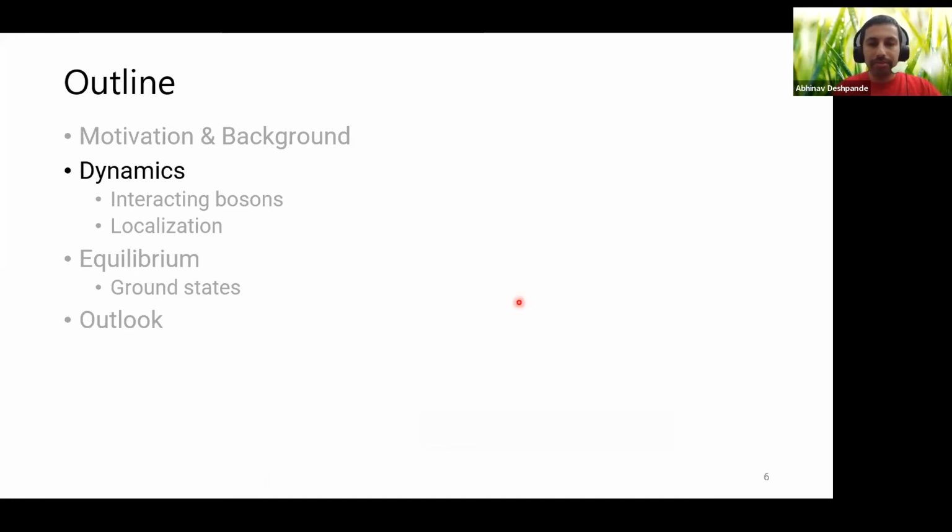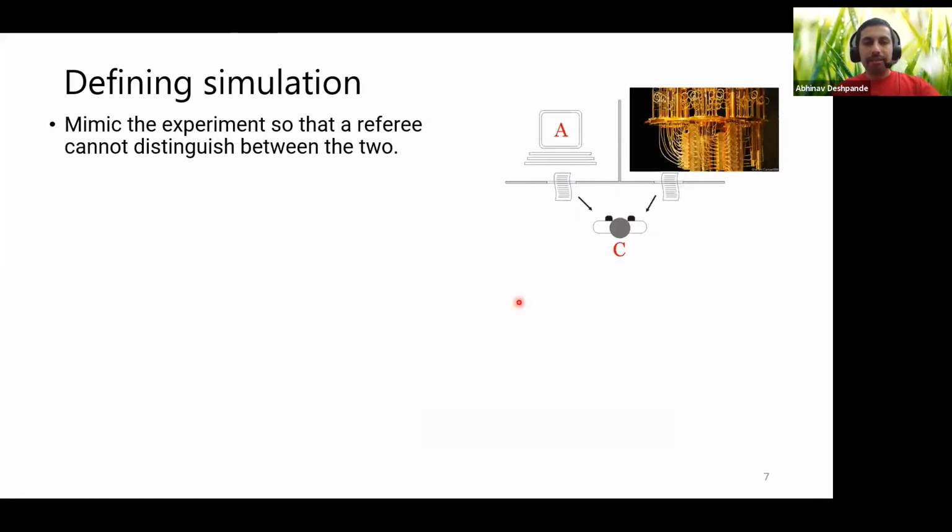So I'd first like to define what it means to simulate dynamics. Let's consider the English sense of simulating. There's a classical computer and a quantum computer, and we have a referee who only has access to a transcript written on a sheet of paper by both the computers, and they're asked to distinguish between the two.